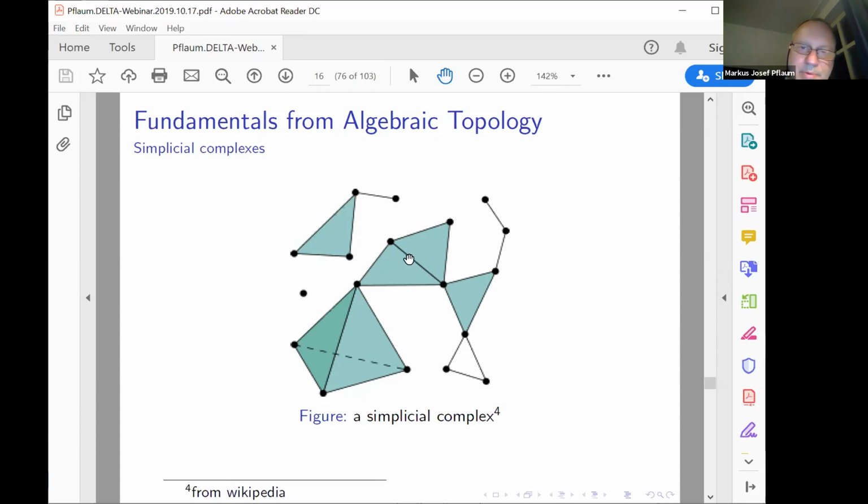But these other triangles intersect only in one point, which is a vertex of each of them. You would not be allowed to glue a triangle here, because the points in this line connecting these two vertices are not vertices of the simplex here. One needs to be a bit careful, but I think this picture gets the idea.